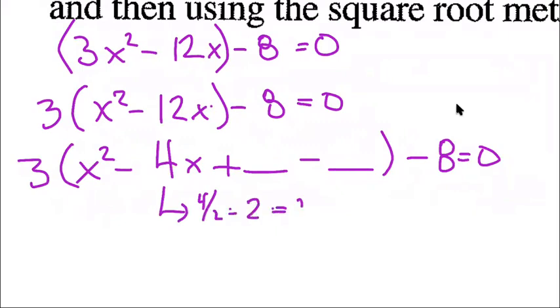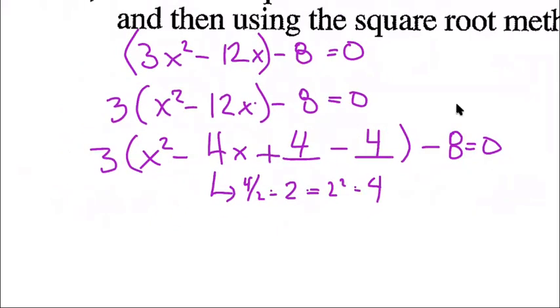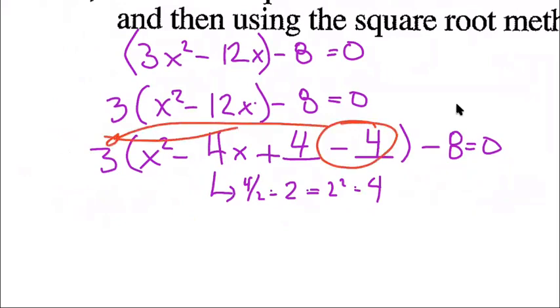And then I'm going to square it. Add and subtract 4. I can't have that minus 4 on the inside of the bracket, so I have to take it out. I'm going to go minus 4 times 3, and I'm going to write it over here. Not on the other side of the equal sign. On this side of the equal sign, right after the 8.